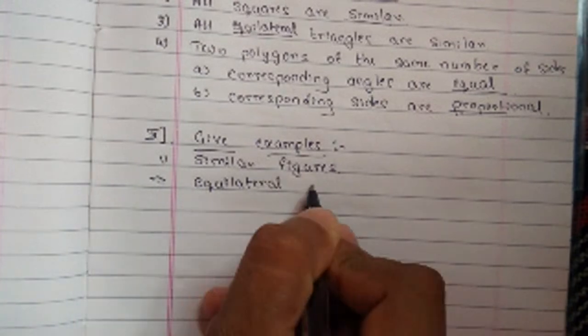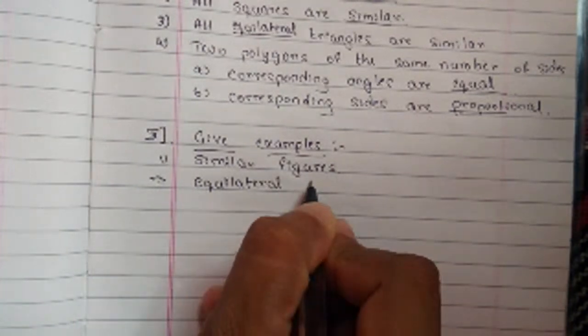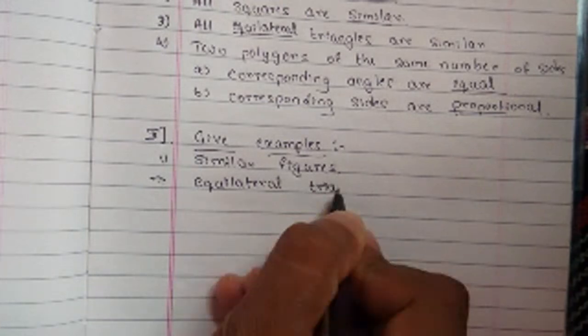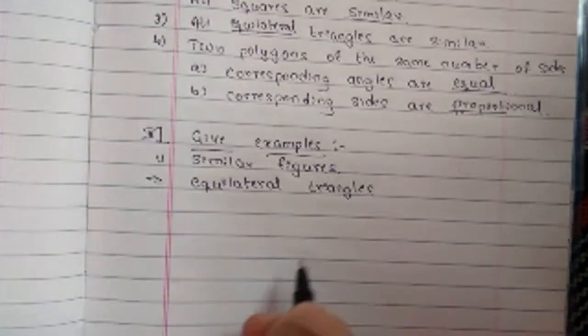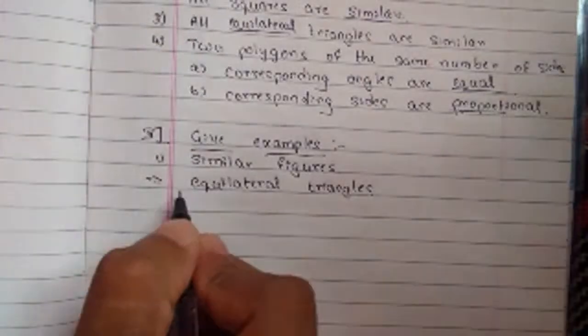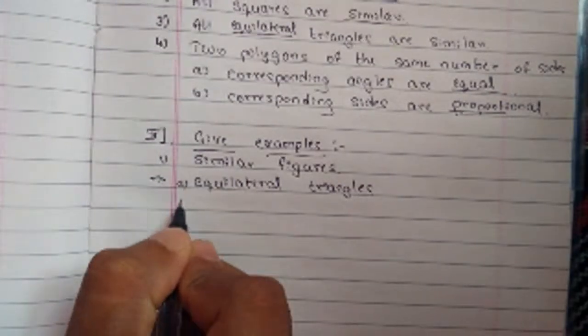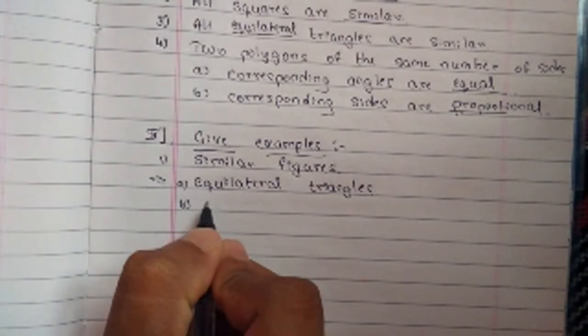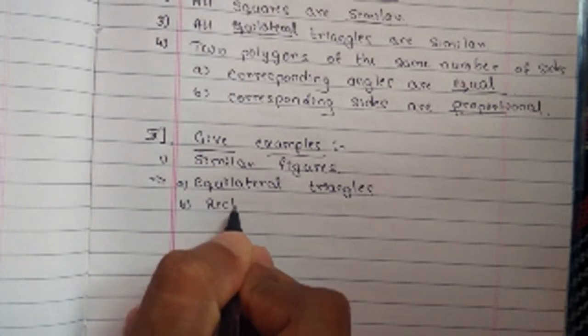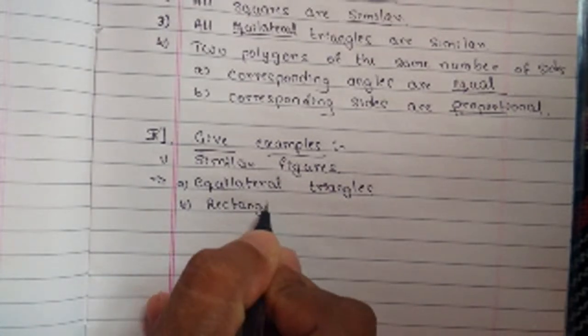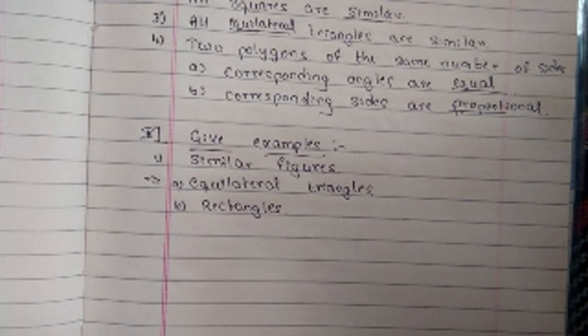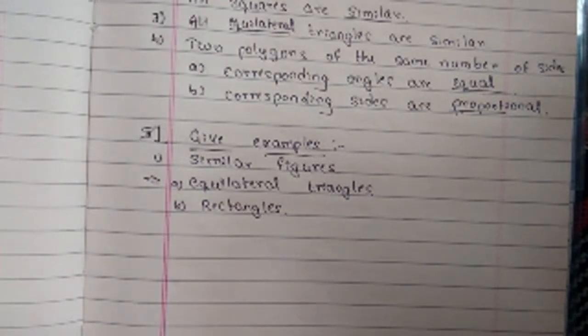Equilateral triangles you can consider, or you can consider rectangles, because all the angles are equal to 90 degrees in rectangles, and for the sides we can consider different lengths.